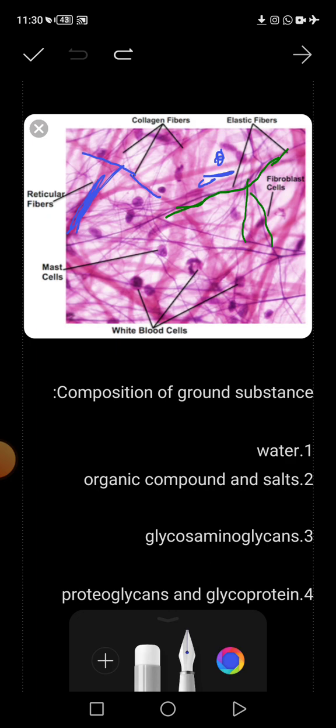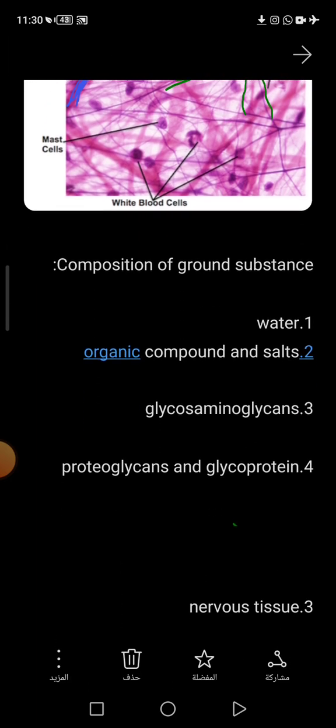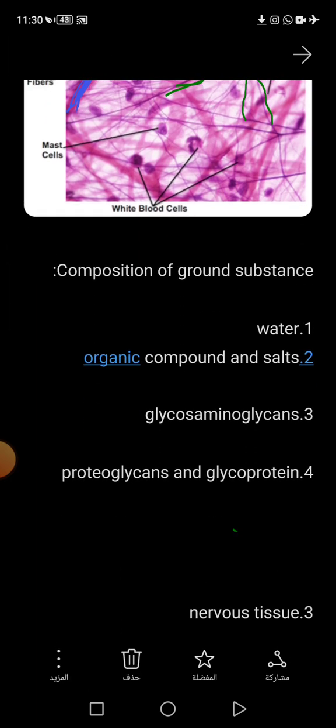Those whites are called ground substance. So the ground substance, we can't see the main structure by a light microscope. We can just see it by electron microscope.